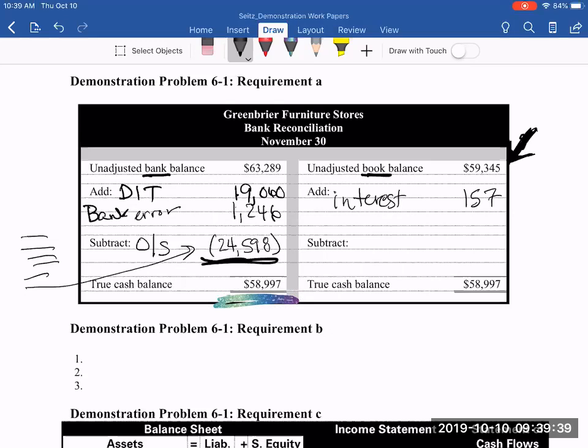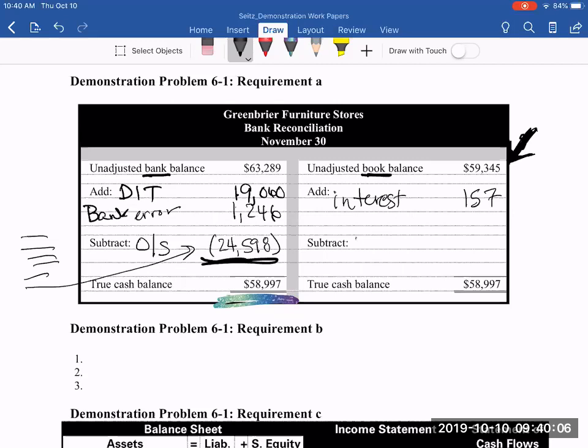So your customer actually sent in a check, and then it was automatically deposited, like sent it to the bank or did like a bank transfer, and then automatically deposited into your account. That would need to be recorded there. And then we would also need to record that check to decrease the accounts receivable and increase our cash. So that would be the transaction that would happen there. But that's the only thing that we have in this particular example.